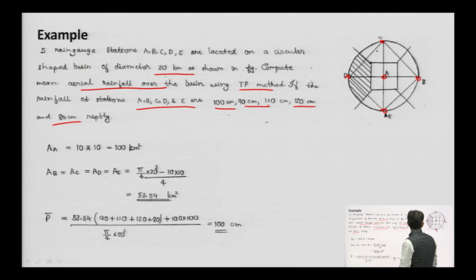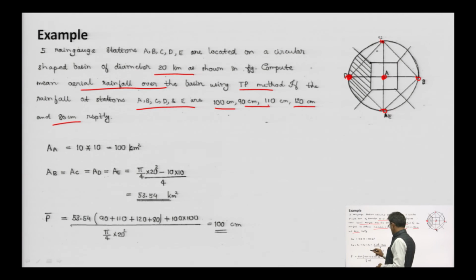So, by the same procedure, join all stations through straight lines and draw the perpendicular bisectors, and the area covered within the sides will be taken as the respective areas.